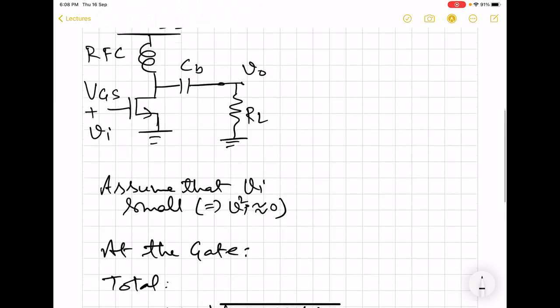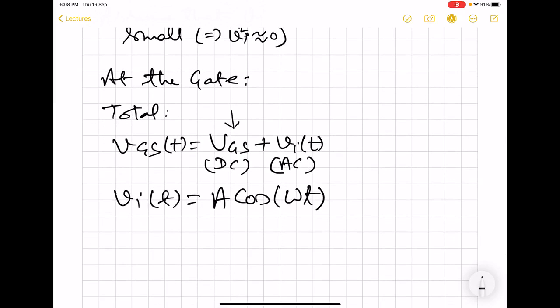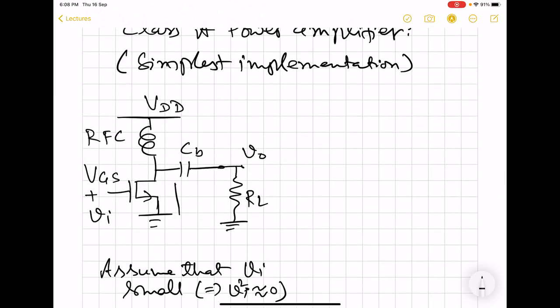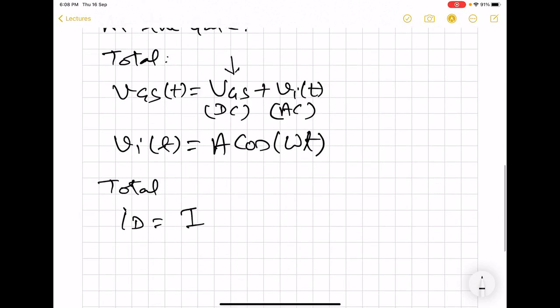So here we have the scenario at the input, and we have seen in the last class that this DC gives rise to one DC current. So here we will have the total drain current ID, and this total drain current will also have two parts, ID, and this will be a function of VGS.